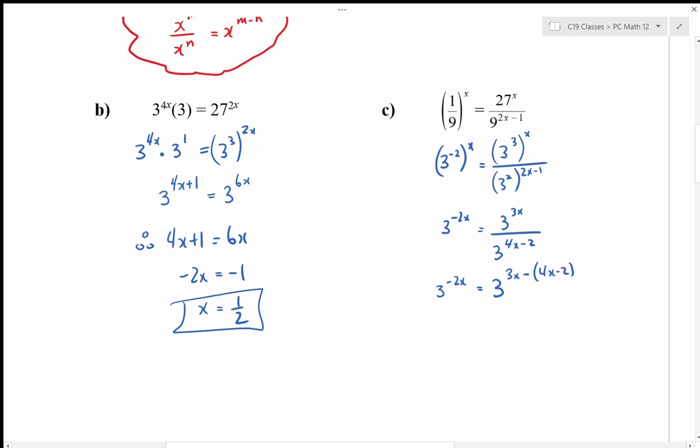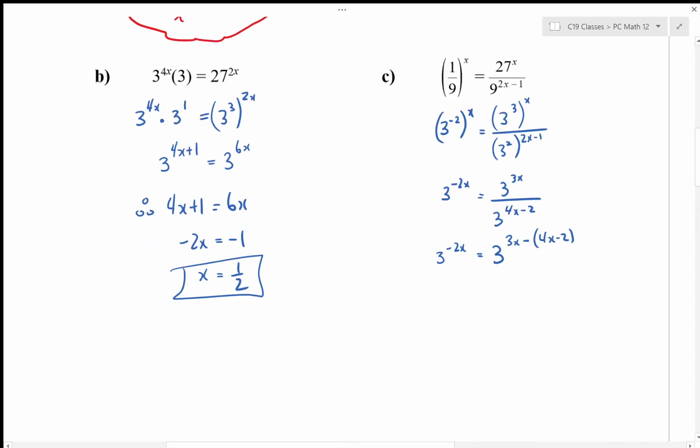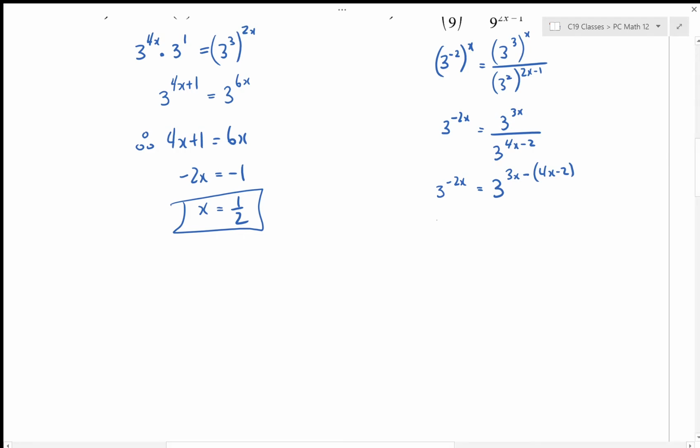Now it's critical that you put that binomial into a bracket because you're subtracting, and when you subtract a binomial or a trinomial or any polynomial that has more than one term, you have to distribute that negative in. So just to continue on with this question, now we're going to have 3 to the -2x and 3 to the 3x minus 4x plus 2.